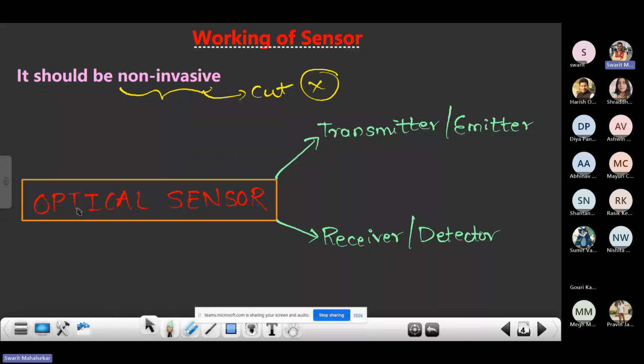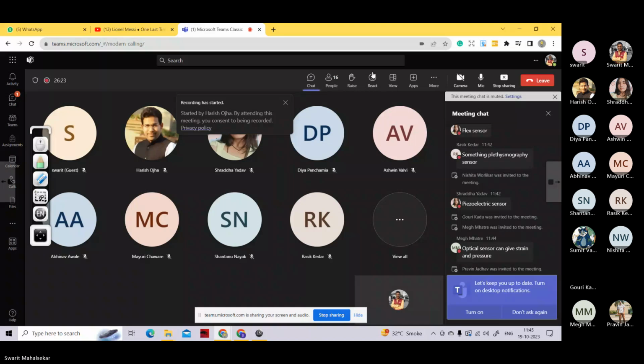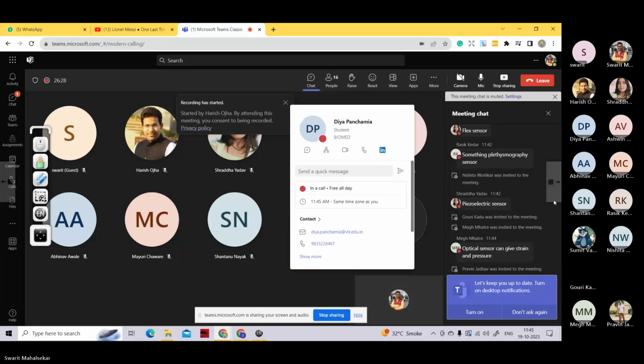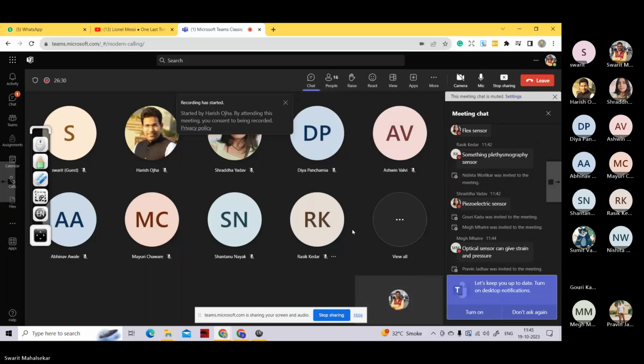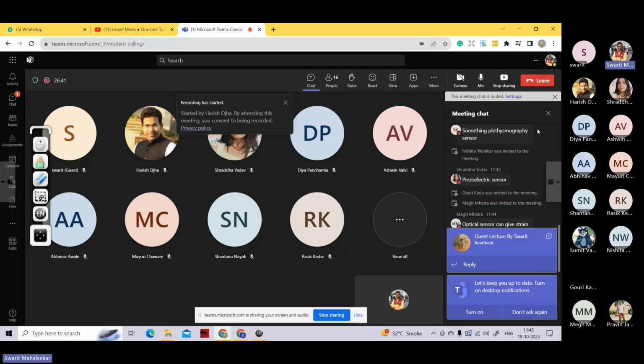So what is that movement, or what is that action that it needs to capture? Any idea? Any rough guesses? Heartbeat.